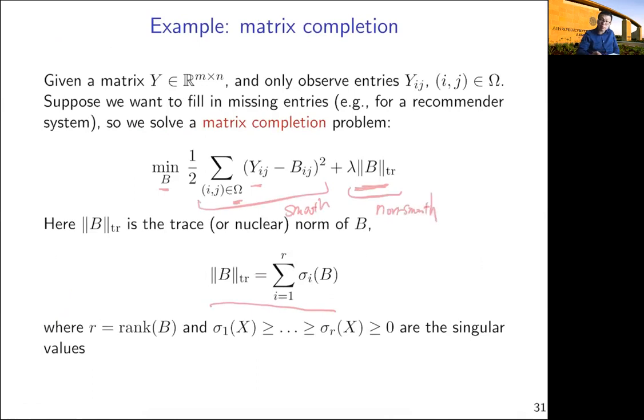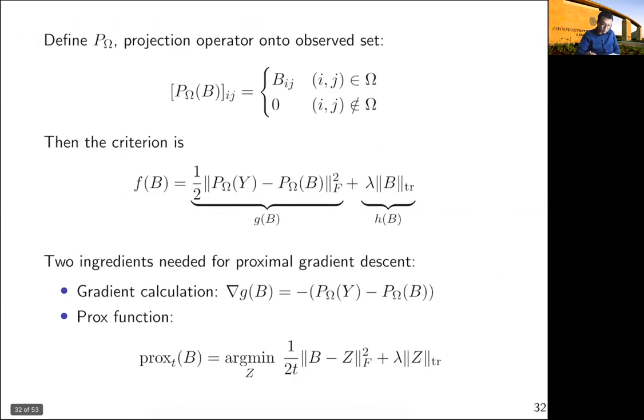So we can actually apply proximal gradient methods to this problem. When we do that, the gradient is easy to calculate since this is quadratic. It involves taking the difference and then setting everything that you do not observe to be 0. And that's a matrix gradient.